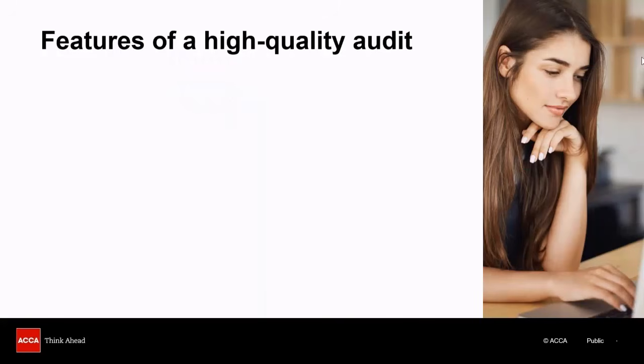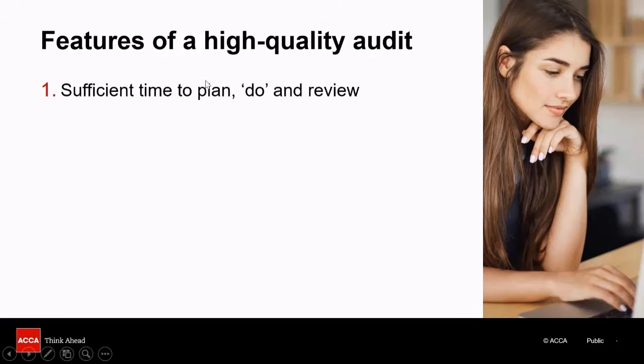So features of a high quality audit, if it's going to be done really well. The team needs to have enough time to plan, perform, and to do reviews of the audit work before the audit report is signed. And we'll very often find in a scenario-based question that there isn't enough time, particularly around planning. We might be asked to do the work late, right?